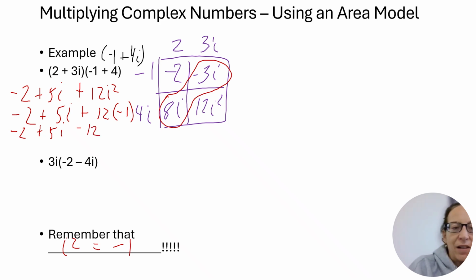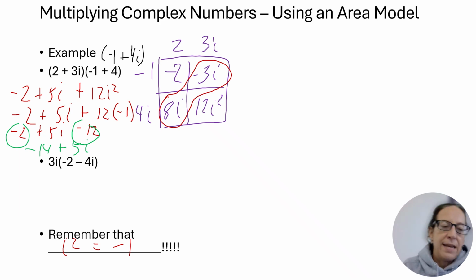And now I have like terms where I have negative 2 and negative 12. So negative 2 minus 12 is negative 14. And then we'll have the plus 5i. So my final answer to that would be negative 14 plus 5i.